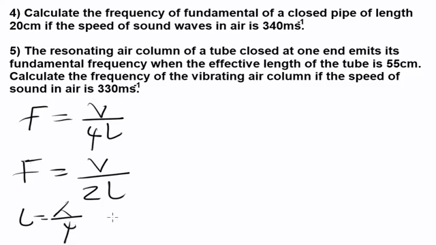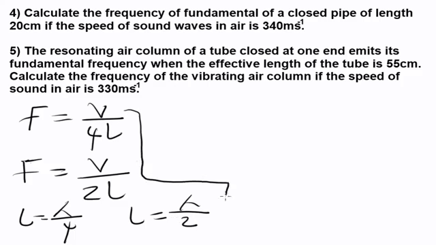Whereas in an open pipe, you use this formula: length equals wavelength over 2. So take note of these basic formulas for closed pipe and for open pipe.